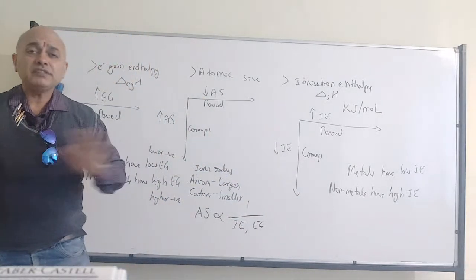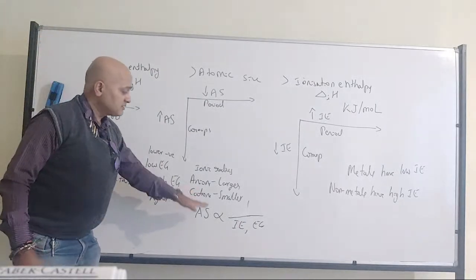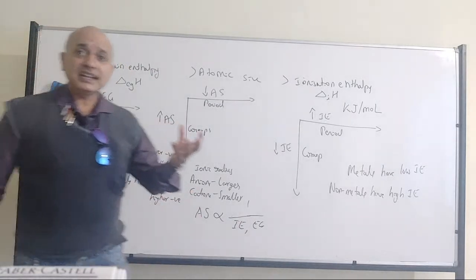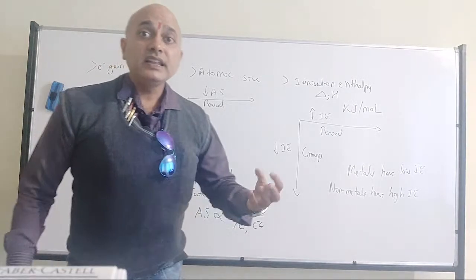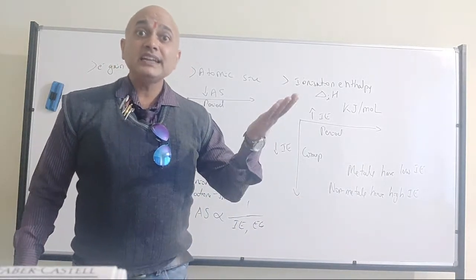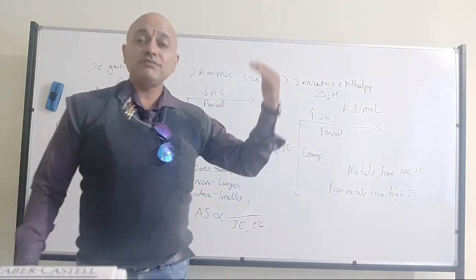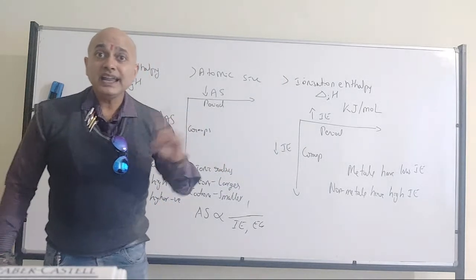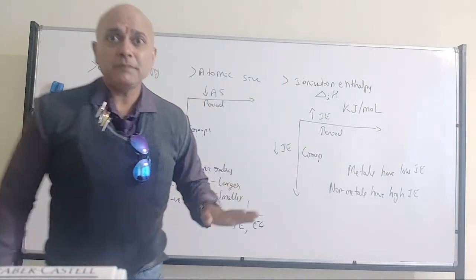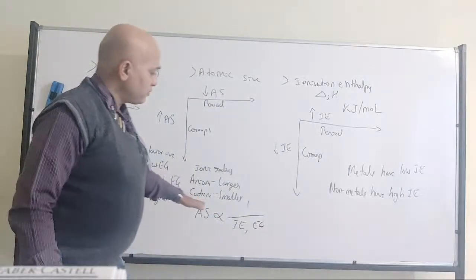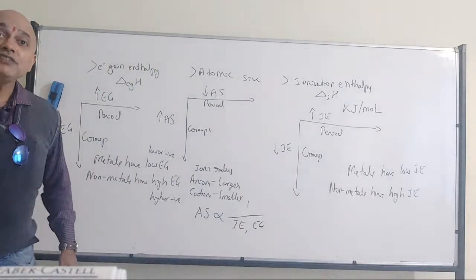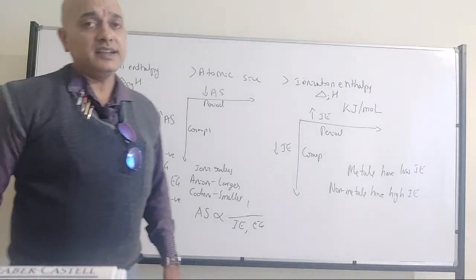Don't go exactly with mathematics. So what I mean to tell you is, as there is a decrease in atomic size, electron gain enthalpy also increases in the sense that more energy will be released. Not related to values. Please remember. So both of them are inversely related to atomic size.